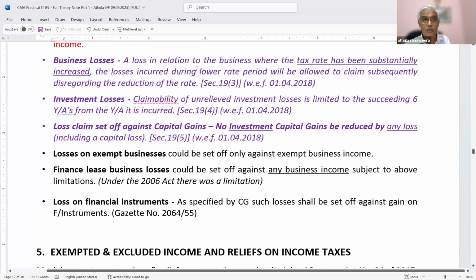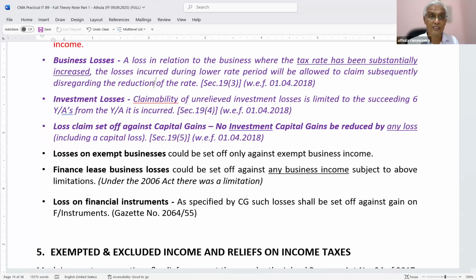Next, business losses, a loss in relation to a business where the tax rate has been subsequently increased. The losses incurred during the earlier rate period will be allowed to claim subsequently, disregarding the reduction of the rate, that is wrong.